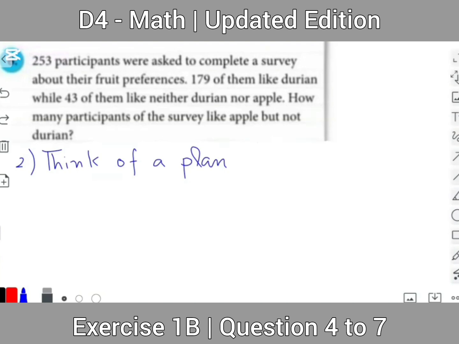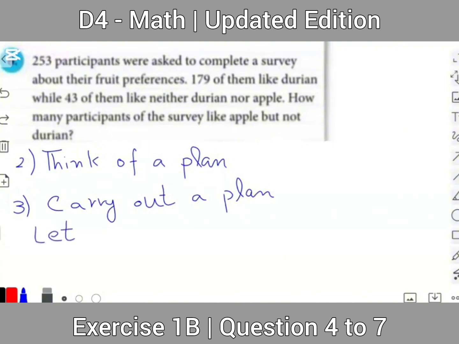Now in step 3, we will carry out the plan.